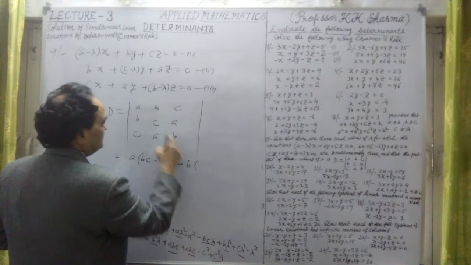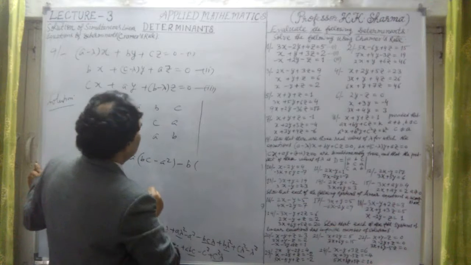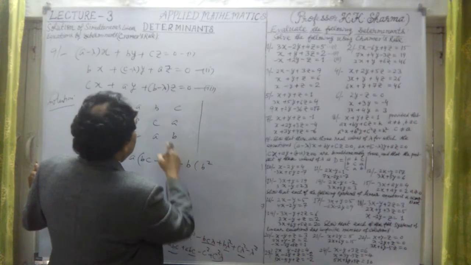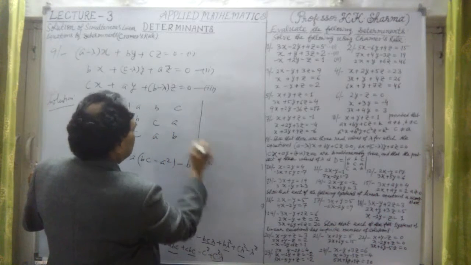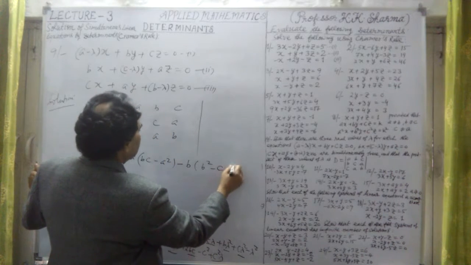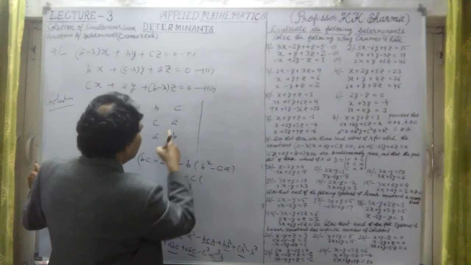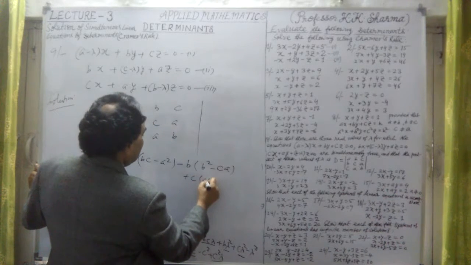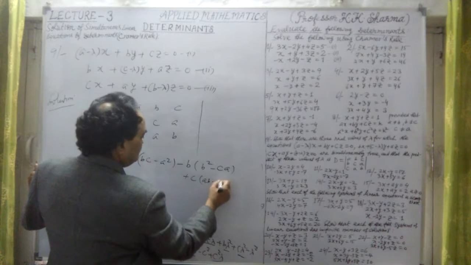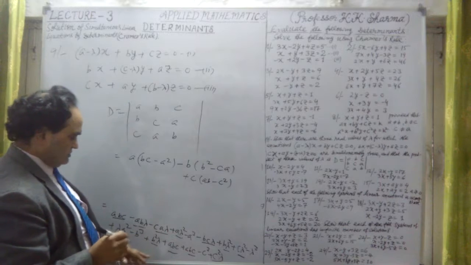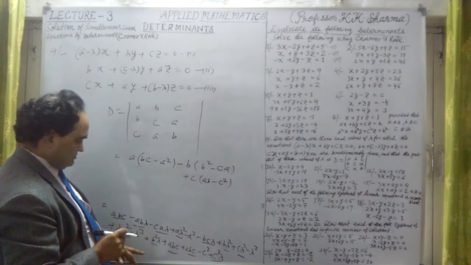Minus sign, minus B into B square. This is B square minus C, plus C into AB. This is AB minus C square. From this we just calculate that value of lambda is coming.